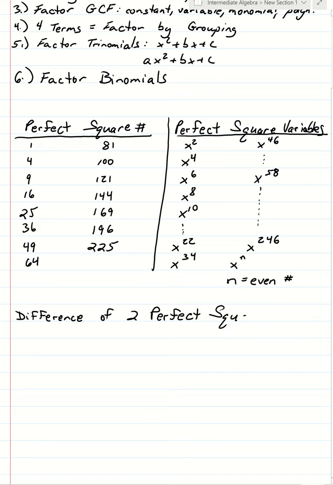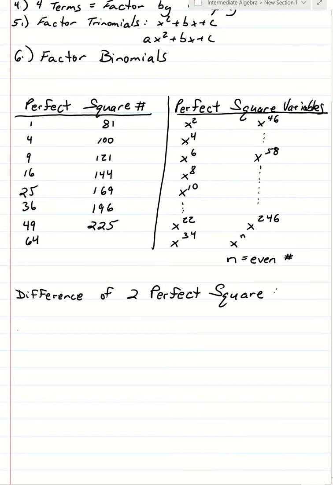Okay, now that we know what a perfect square variable and a perfect square number is, we're going to take a look at what happens when we have the difference or the subtraction of these two perfect quantities. For example, let's say we have x squared minus 9, and we want to factor this.